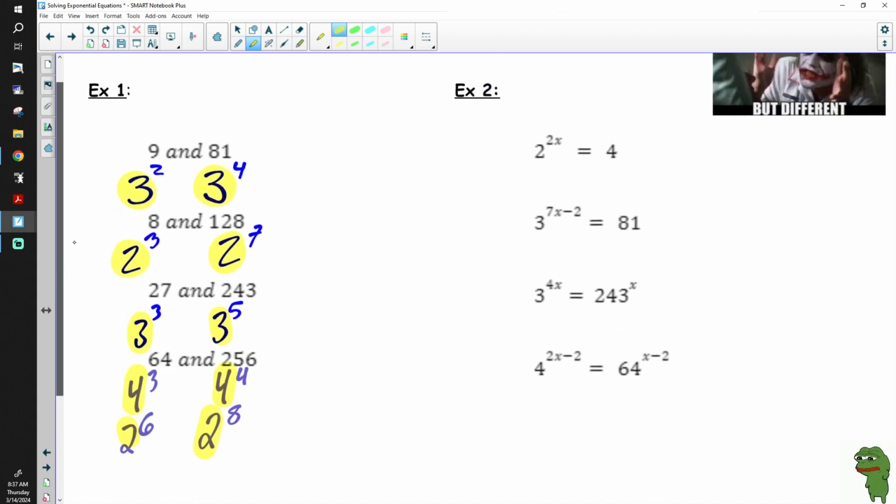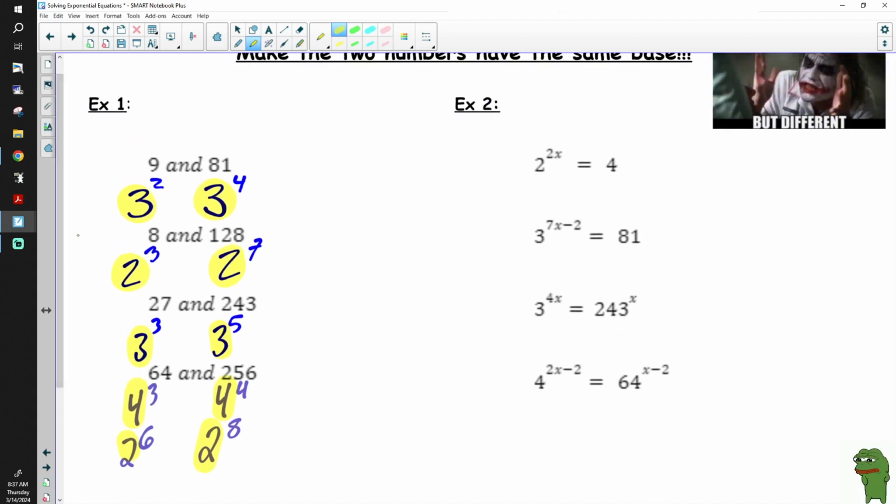These are what we are going to start learning how to solve. So this is the pattern you are looking for. If you look at this first one, if we were trying to solve for x, where is the x? It's in the exponent, and that's a big problem in math.